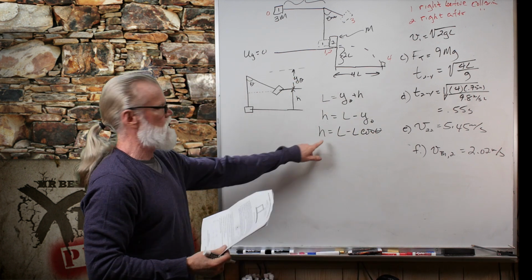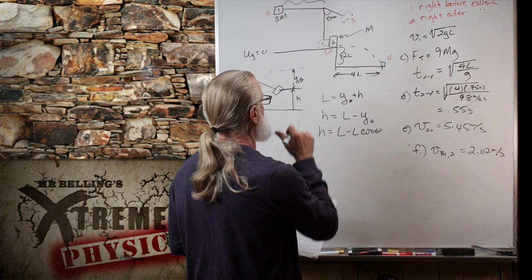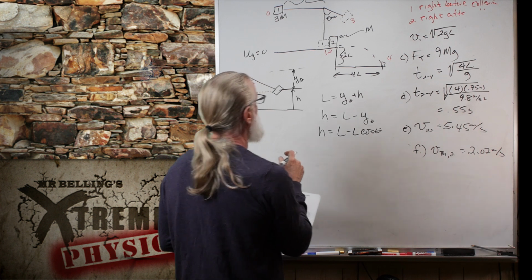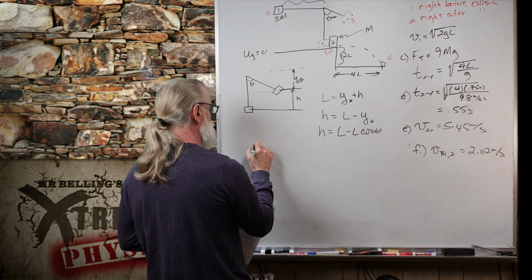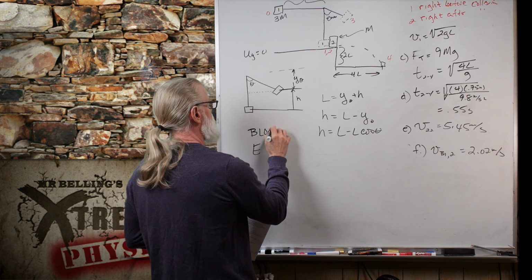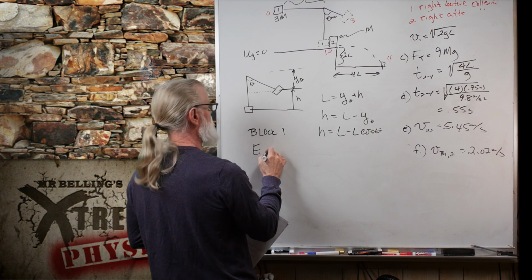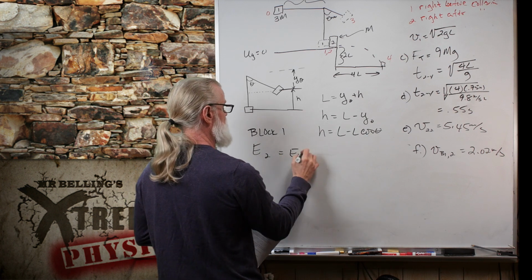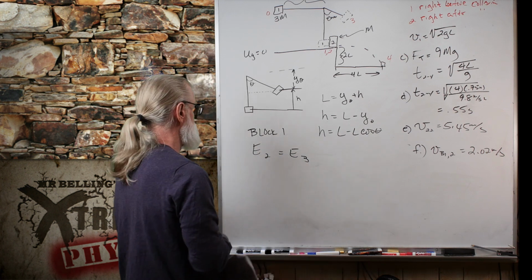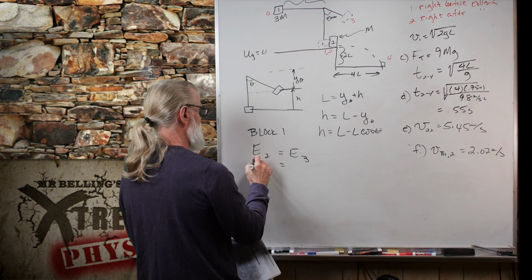All right, that's going to be useful to us because doing the conservation of energy is not going to be difficult. So the energy, and this is for block 1, energy at time 2 equals the energy at time 3. So at 2, this only has kinetic energy.